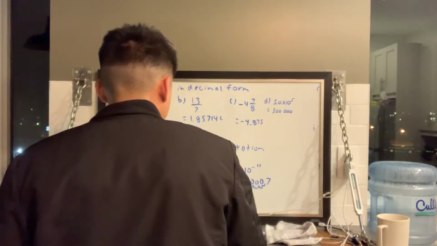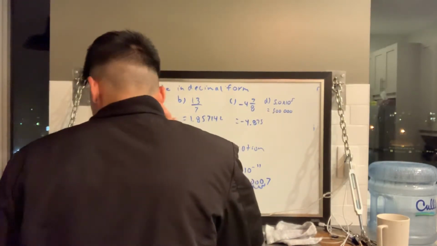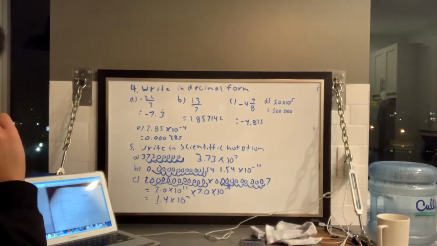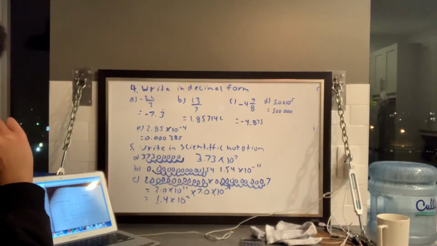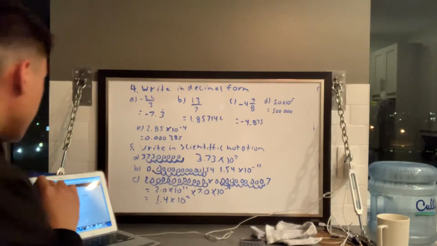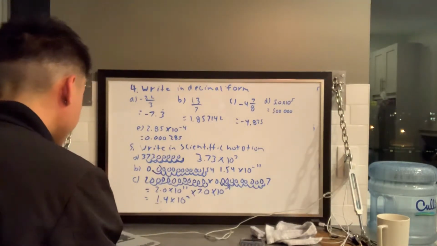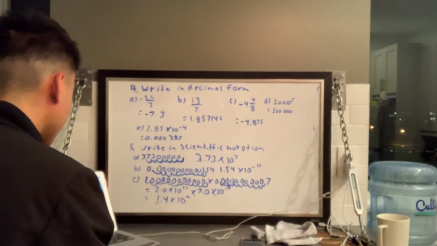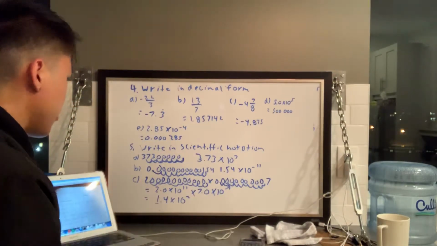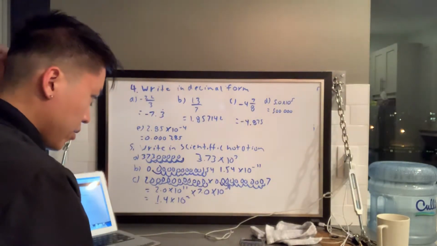Okay. 14 times 10 to the 2. I'm going to go one more to the left. Let me just take a look right here. Yeah, so when you evaluate this, 1.4 times 10 to the 2 right here.